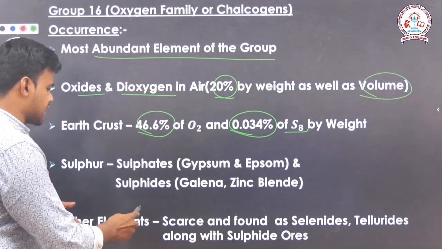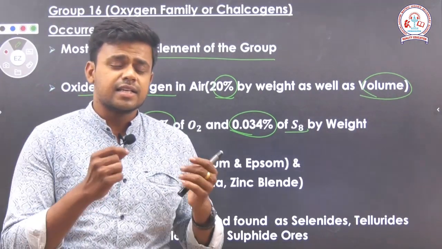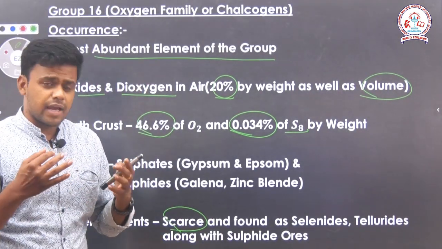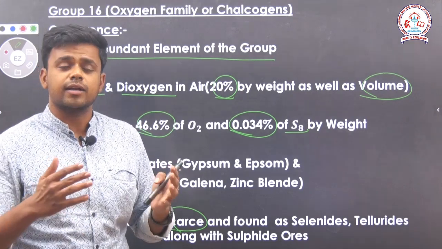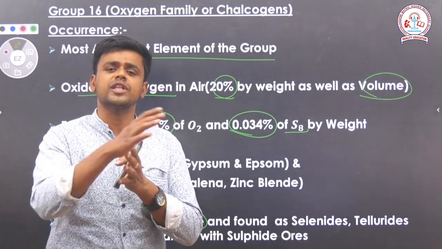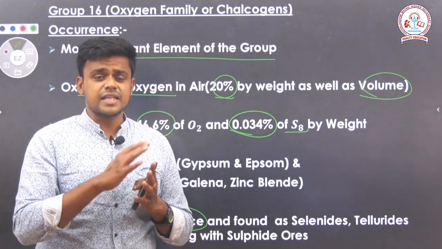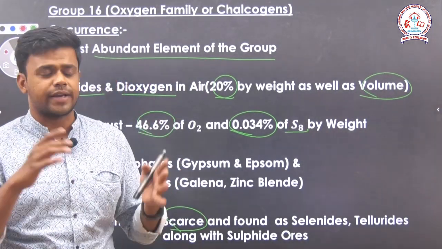That is what is mentioned here as scarce. They exist as selenites and tellurites, which we get not in isolation, but when we are extracting the sulfide ore, along with that we get tellurium and selenium in the form of selenites and tellurites.